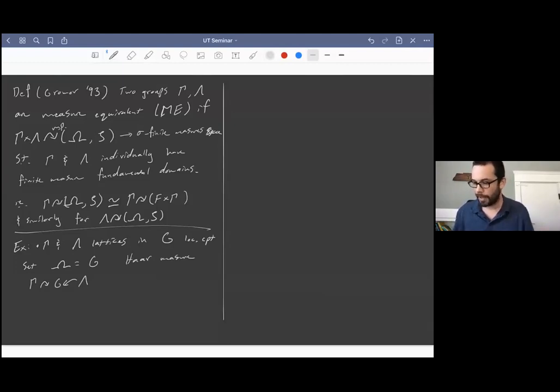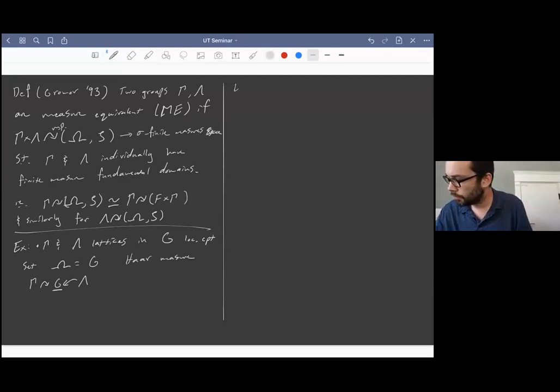And the fact that you have a finite measure fundamental domain is more or less the definition of a lattice. So these are discrete countable subsets and they have finite measure fundamental domains. So this is a nice example of a measure equivalence between these two groups. The measure space G implements this measure equivalence between these two groups.